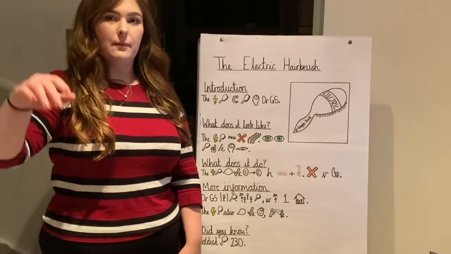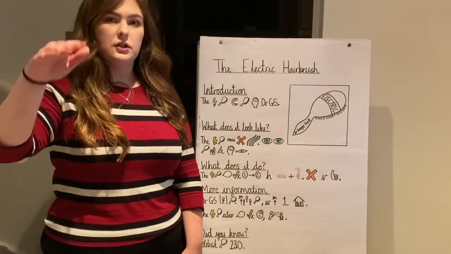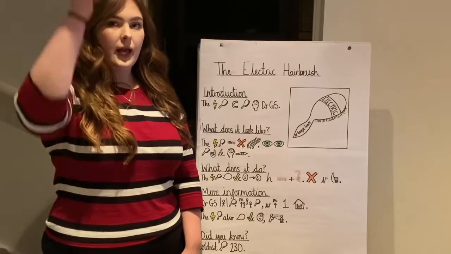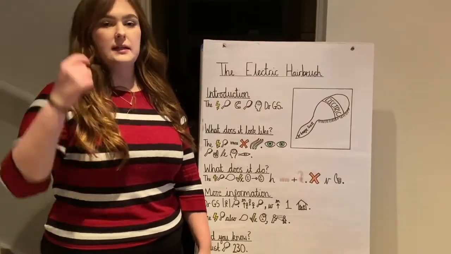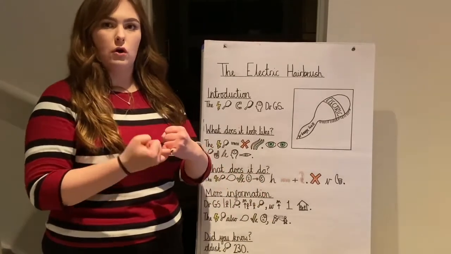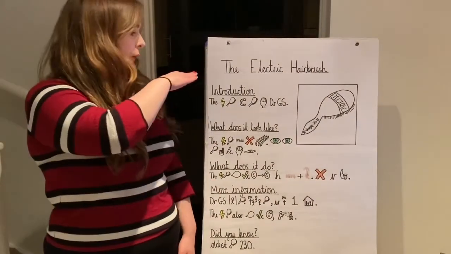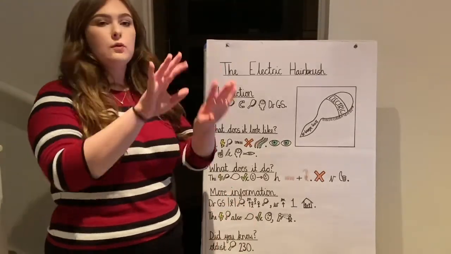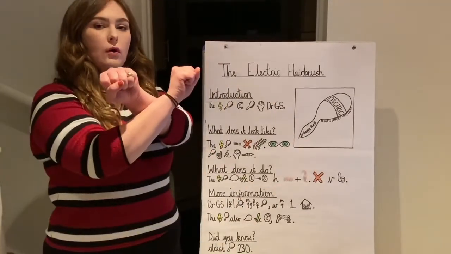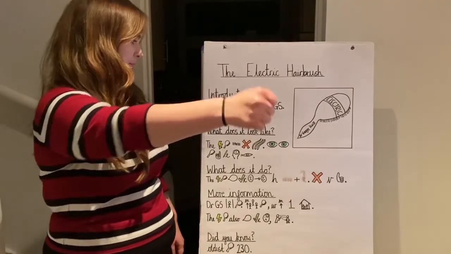The electric hairbrush. Introduction. The electric hairbrush was actually a magnetic brush invented by Dr. George Scott. What does it look like? The electric hairbrush was made of bristles, not electrical wires.